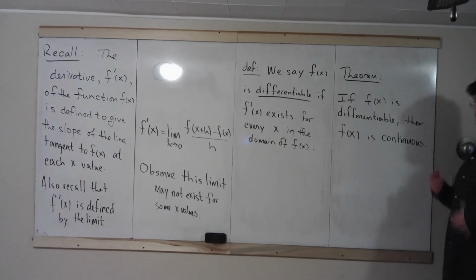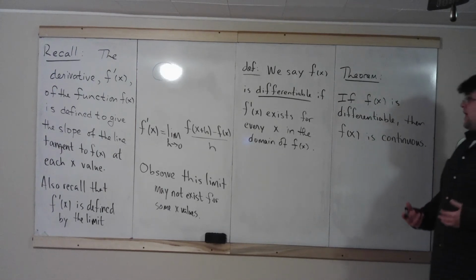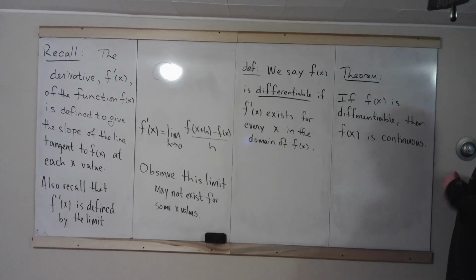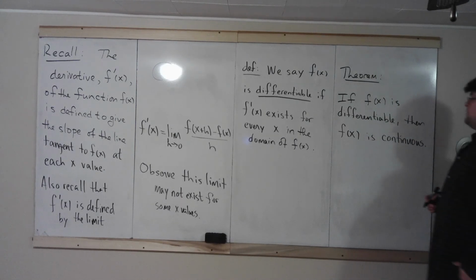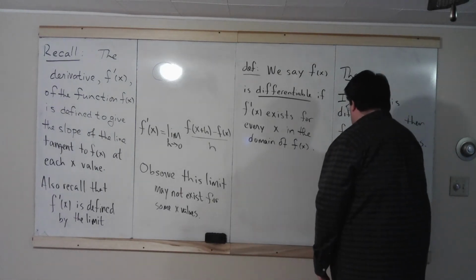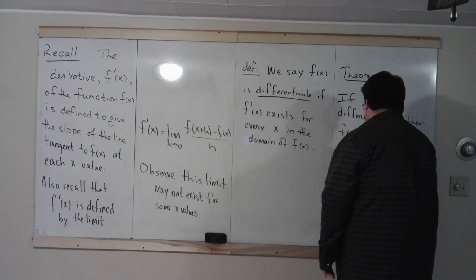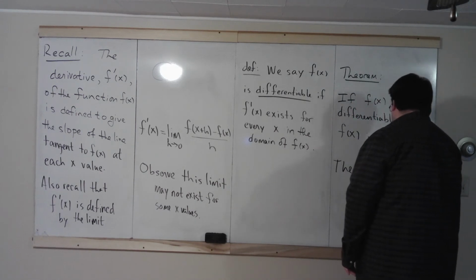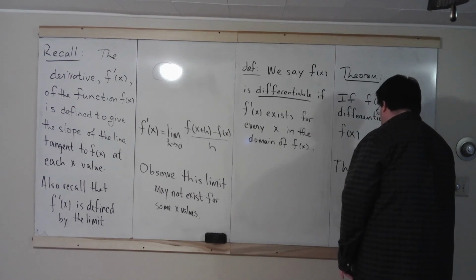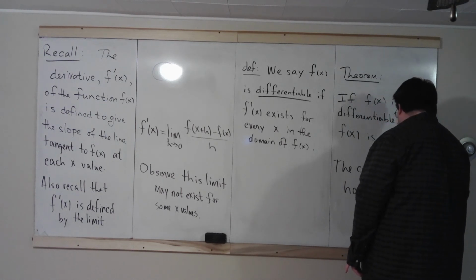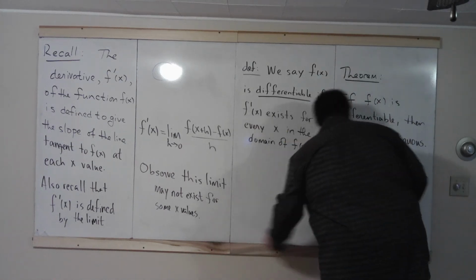Well, I didn't write the theorem in a way that also suggested that that was true by using an if and only if statement. So you may suspect if I flipped these two words around, then it would not be true. And that is the case. The converse, however, is not, well, I'll say it does not necessarily hold.